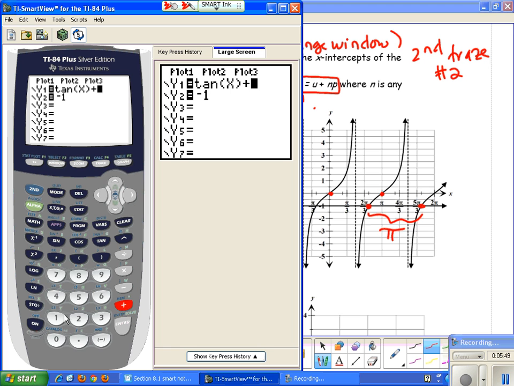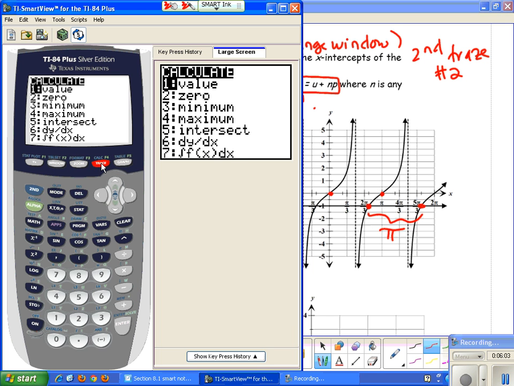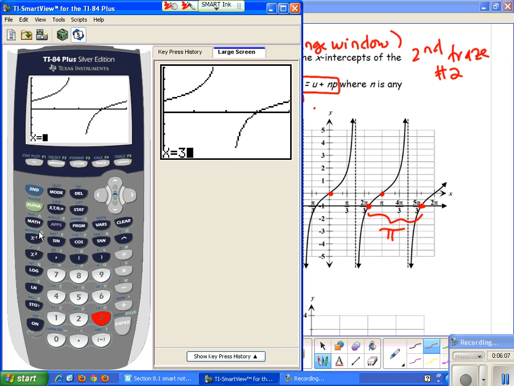And if I delete this and hit graph, notice that now instead of looking at the intersection, we'd be looking at the zero, and the zero, if I were to do second trace and find it with the zero finder, or if I use the value just to show you 3 pi divided by 4, it's right there. So I could have used the second trace zero and did the left bound, right bound, and hit enter and seen the same thing.